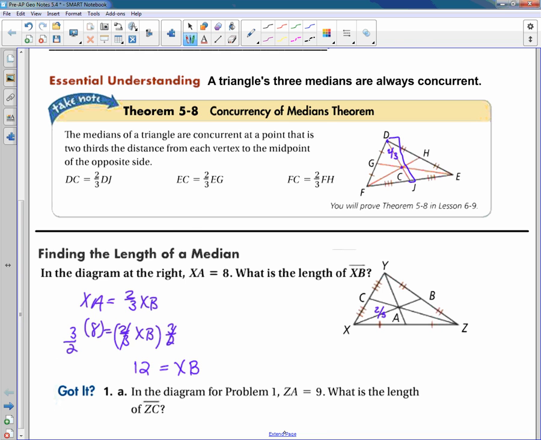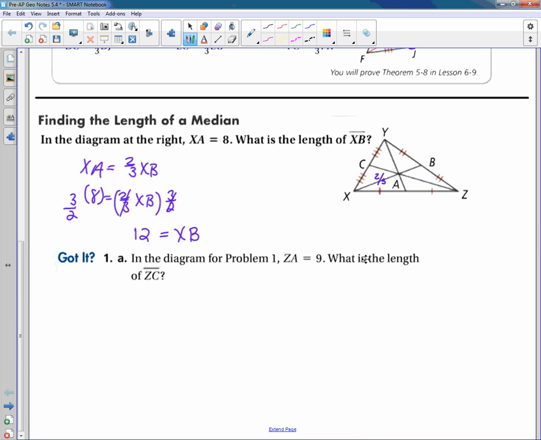Okay. We'll do the same thing for this one. Notice that ZA here, ZA is going to be 2/3 of ZC. So I'll say ZA equals 2/3 of ZC. And again, in order to get rid of this, move it to the other side, I will multiply by the reciprocal.